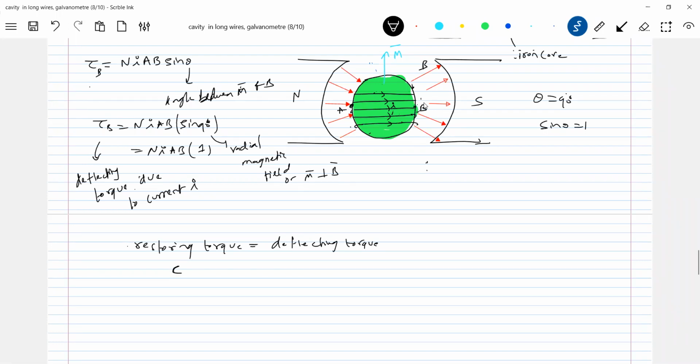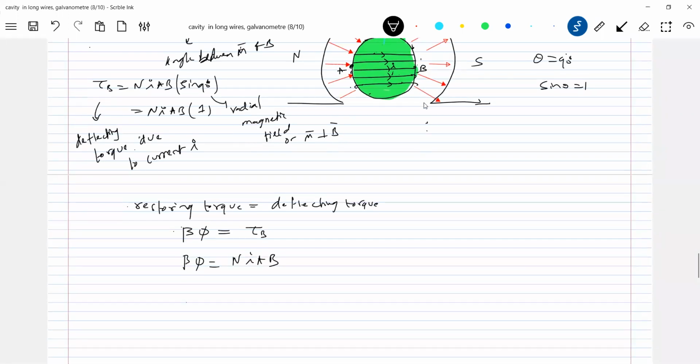This is symbol C, or some books take beta. I'll take beta, because C again you may get confused. Couple per unit twist into some angle. Couple is torque, no? Torque per unit twist into that angle. This should be equal to this one. So beta phi will be NIAB.